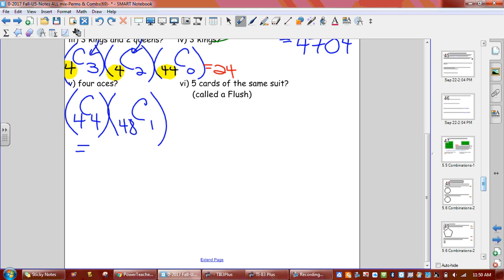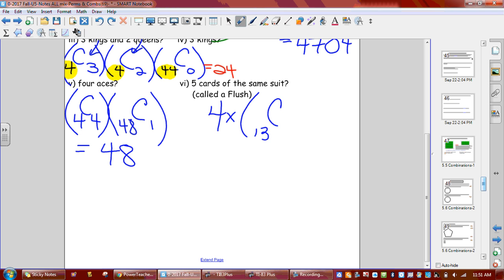5 cards of the same suit. It didn't tell us what suit. Okay, so that means, since they didn't tell us what suit it is, we're going to have to multiply our answer by what? 4, because there's 4 suits. So it's going to be 4 times 13 in a suit, 13 cards, choose all 5, and 39 cards, choosing 0, none.